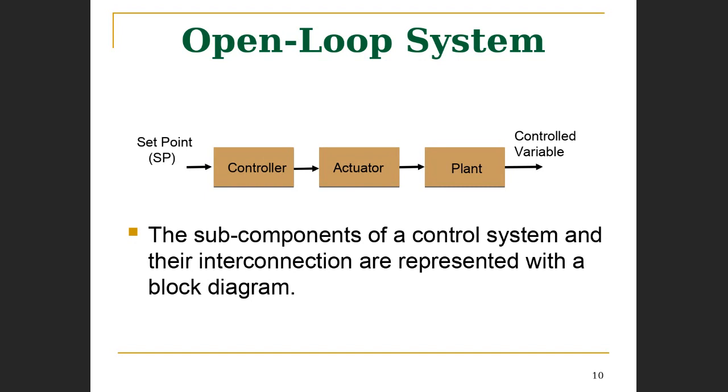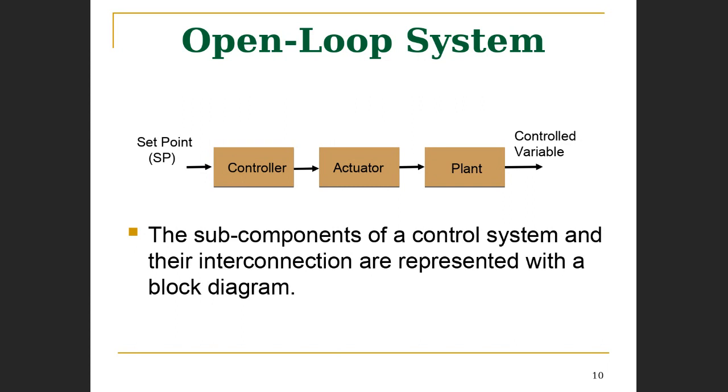So here we now have the block diagram for an open loop system. There are three subcomponents in this block diagram. We have the controller, the actuator, and the plant. We'll discuss these a little later, but just to at least appreciate the structure of an open loop system, all right?